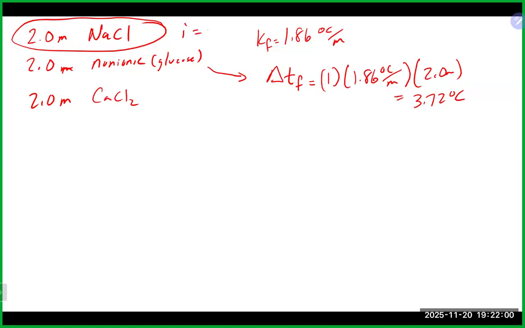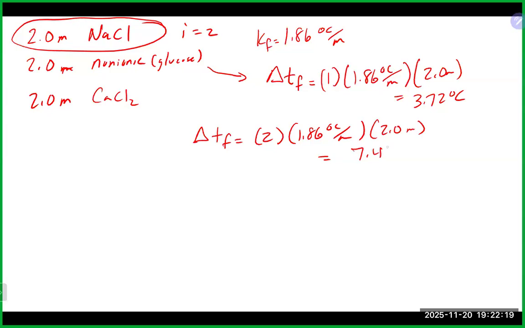Our i is going to equal 2 in this case. So the change in the freezing point would be 2 times 1.86 times our 2 molal. And obviously here we're now going to increase our freezing point change to 7.44 degrees.